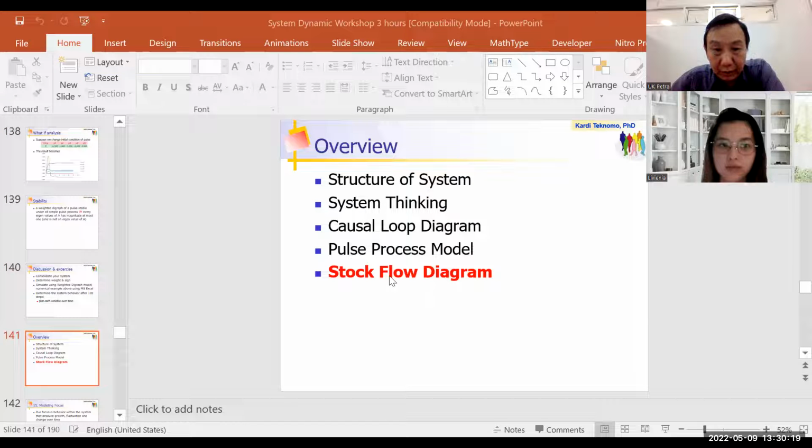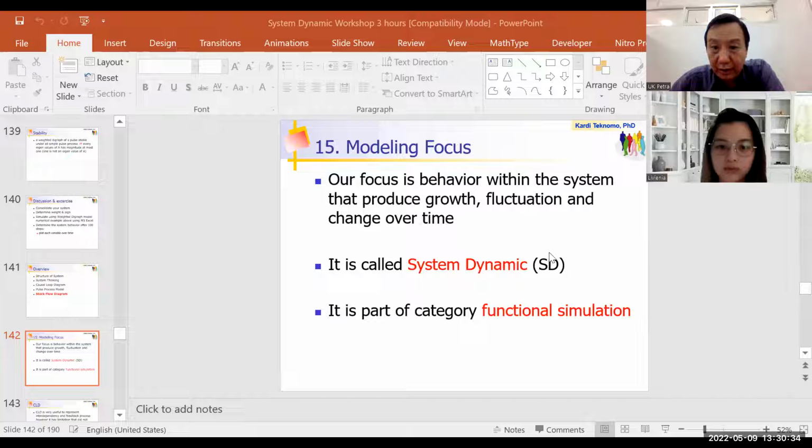So today, this is the last part of this slide. It is about stock flow diagram. SFD, stock flow diagram. So this is very interesting.